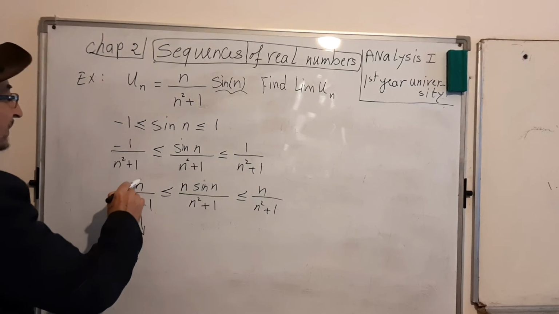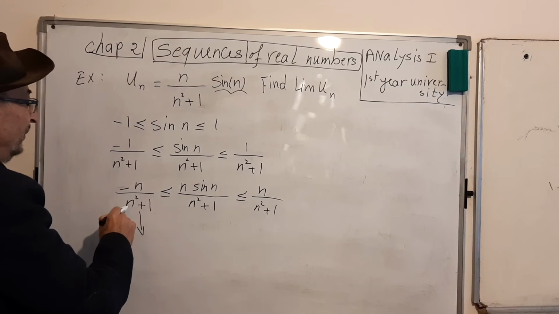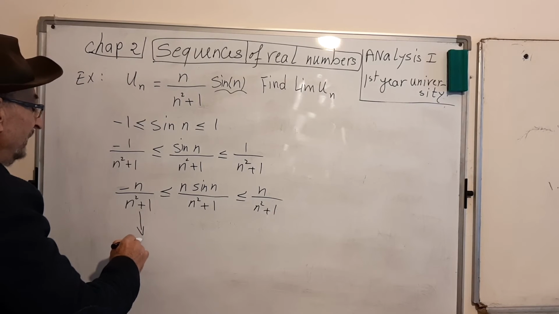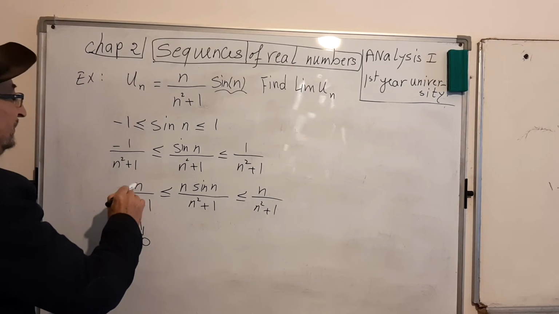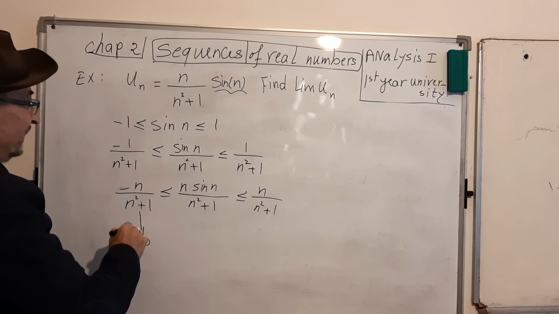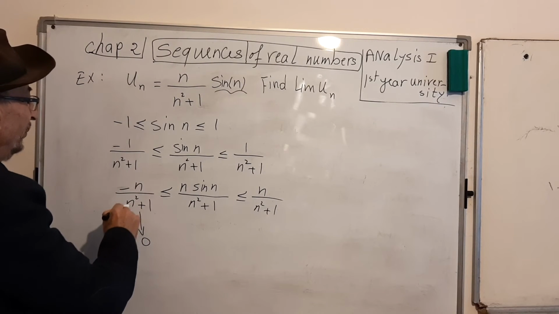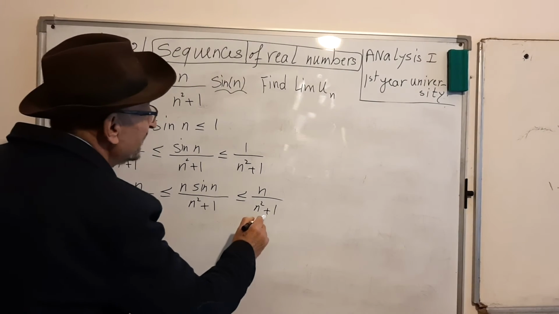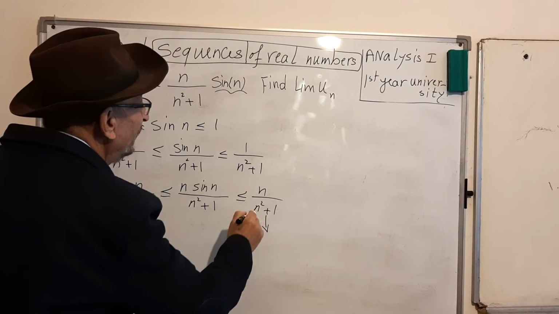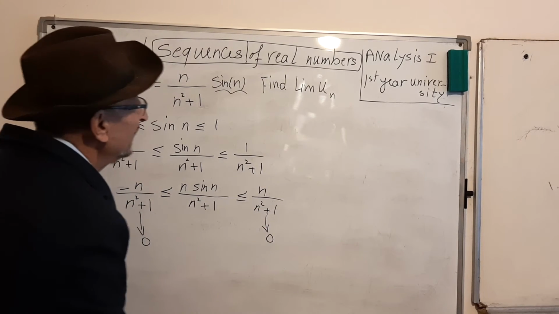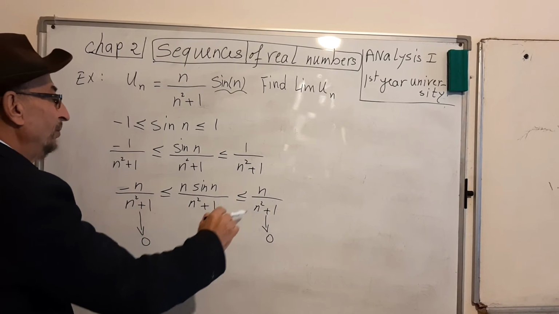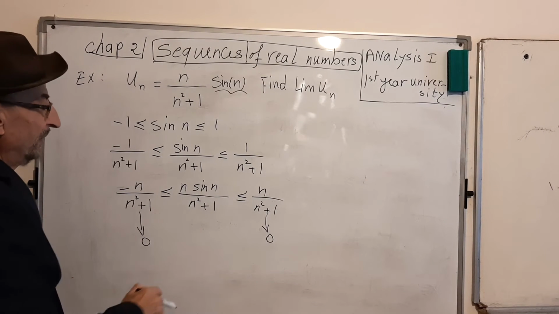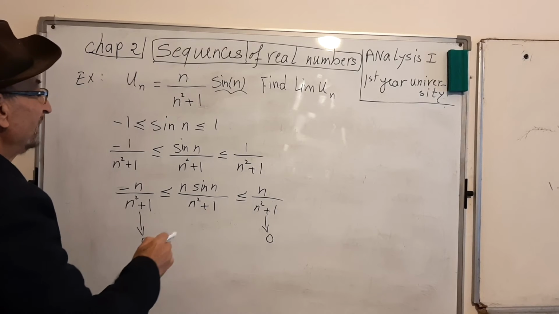We know that the limit of n over n squared plus 1 as n tends to plus infinity is 0, the same as the limit of 1 over n. 1 over infinity is 0. Similarly for n over n squared plus 1: n over n squared is 1 over n, which tends to 0 if n tends to plus infinity.